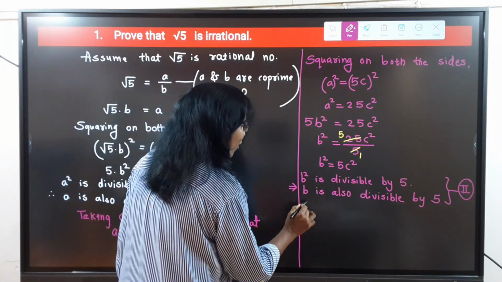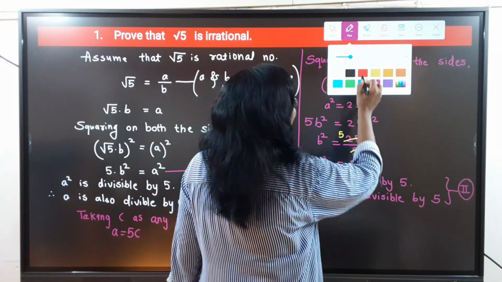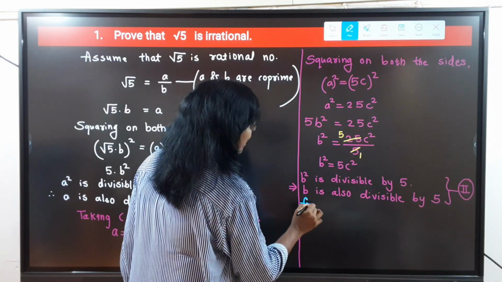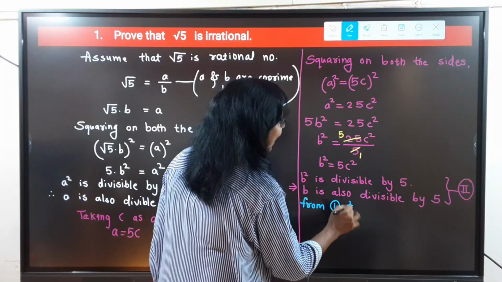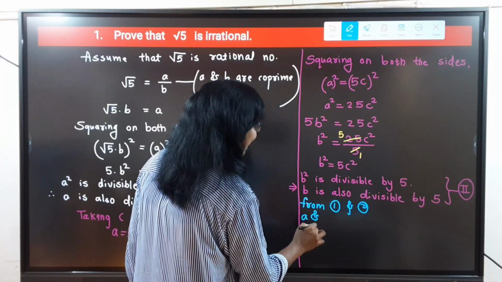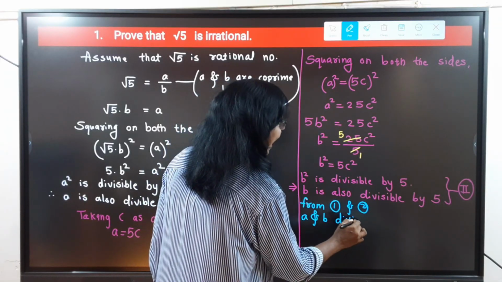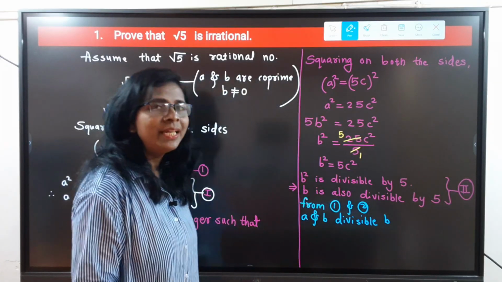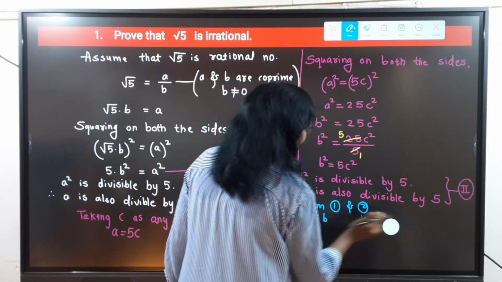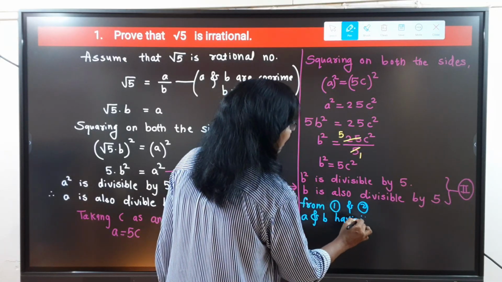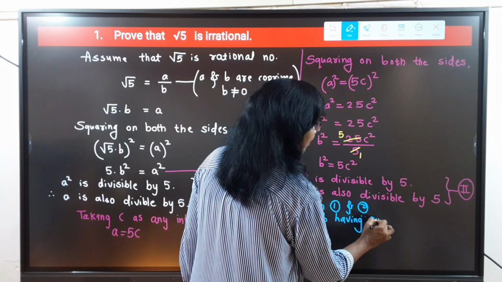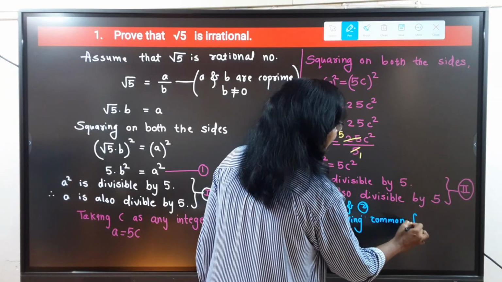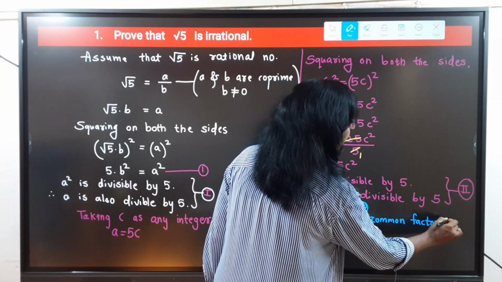So from 1 and 2, we say A and B have a common factor 5.